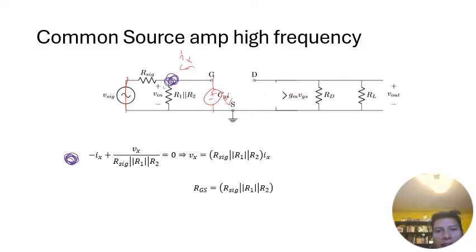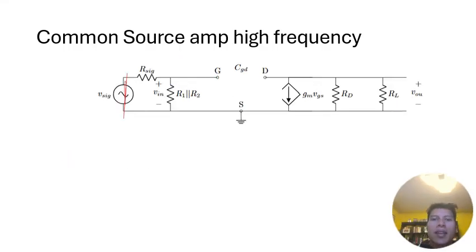Okay, so now we're going to look at high frequency from this particular circuit. So now we're going to basically put a Vx test source here, plus minus Vx, and then we have Ix flowing out of here.